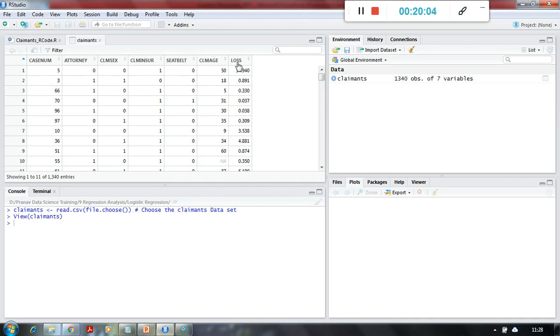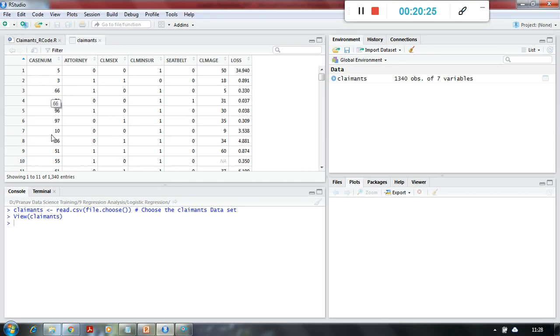Except case number, these variables were given there, and case number can be any random number. I mean, it doesn't have any value as far as prediction modeling is concerned, because it's like a serial number.